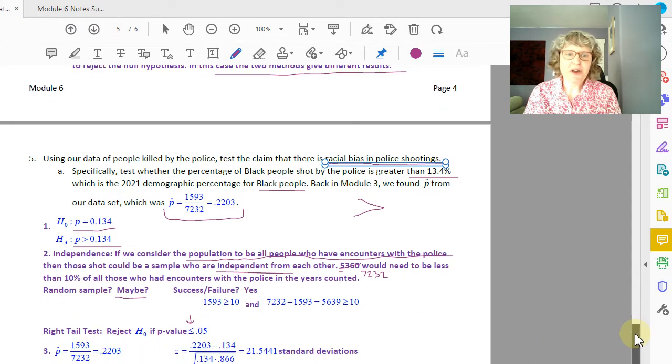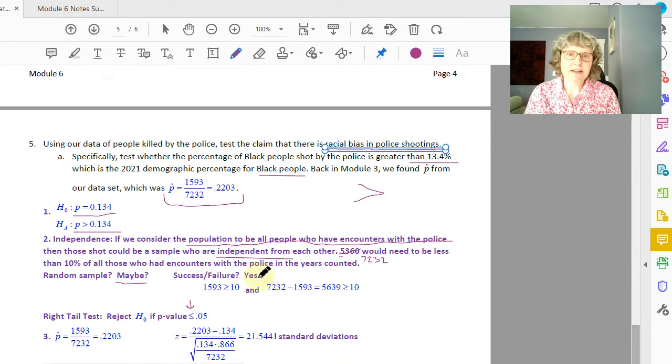Okay, so here's our p-hat, which we were given as both a fraction and a decimal here, 0.2203. So what we want to know, remember, p-hat comes from our data, and we want to know what's the z-score, or test statistic of this value.